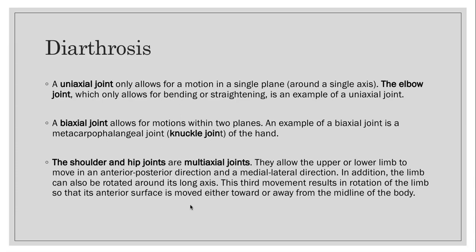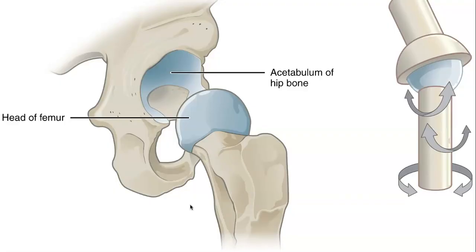You can also kick it in front of you and behind you, and you can kick it out to the side. And so that's three ways in which that joint can move. If you take a look at what your hip bone looks like, it really looks like a ball in a socket where you can move it this way front and back, this way left to right, and this way you can rotate it a little bit away from the midline.